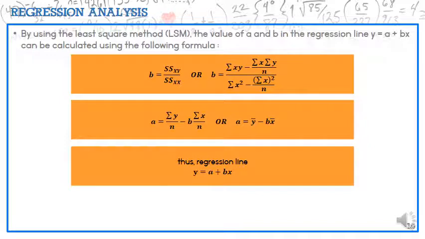So, by using the least square method, the value of A and B in the regression line Y equals A plus BX can be calculated using the formula given.